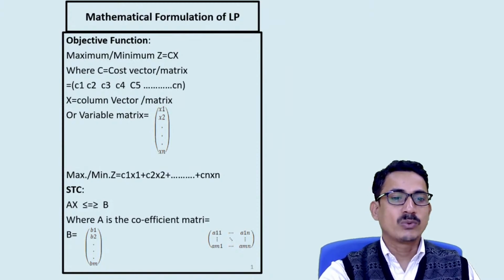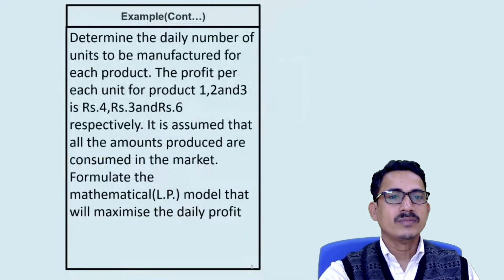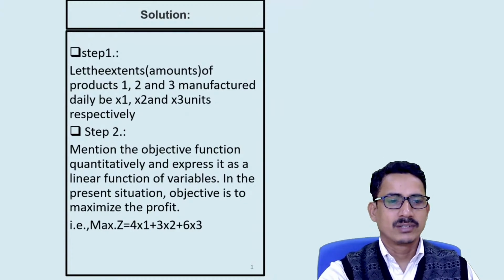Now here in this question, what is C1? C1 is 4, C2 is 3, and C3 is 6. Check: 4x1, 3x2, 6x3. What is C1? 4. What is C2? 3. What is C3? 6. That has to be put in a matrix whose name is capital C, because a matrix is always expressed by a capital letter.